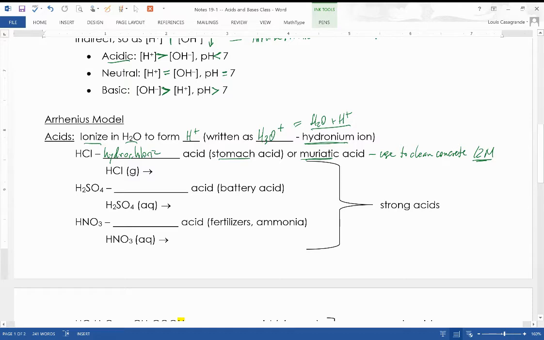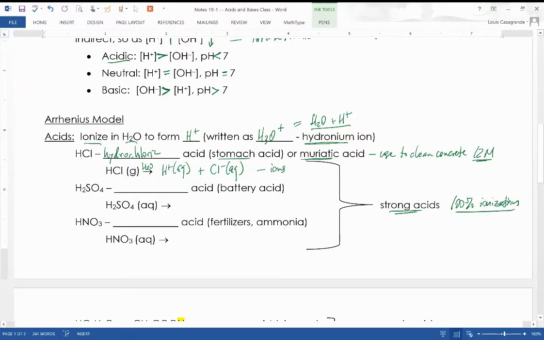It can be very dangerous to use. In water, the hydrochloric acid is going to ionize to form H+ and Cl-, and there are the ions that make this conduct electricity. And this is a strong acid because the ionization is 100%.